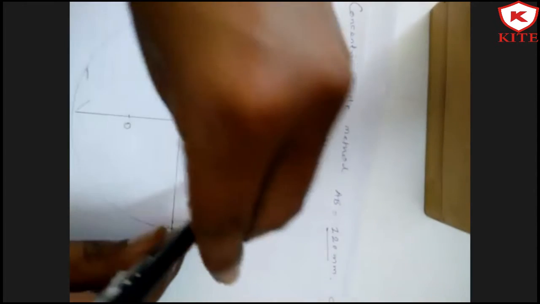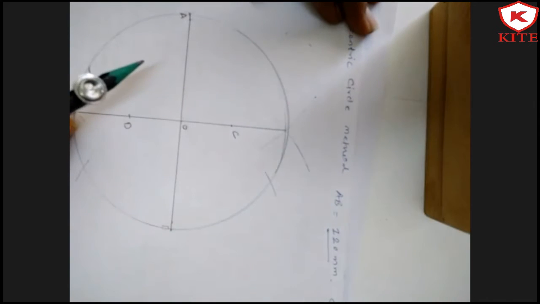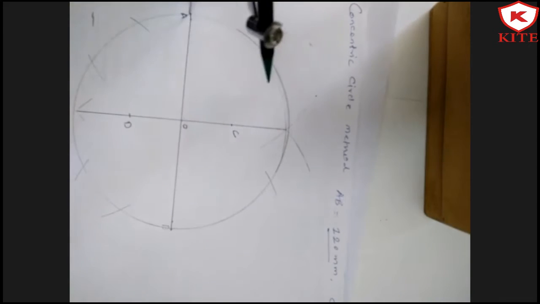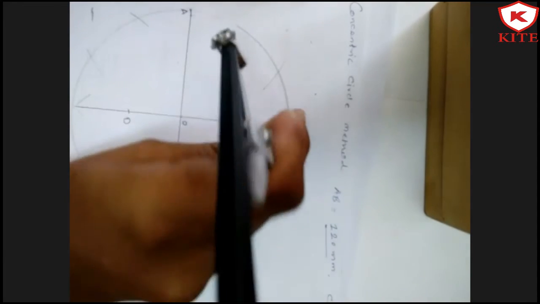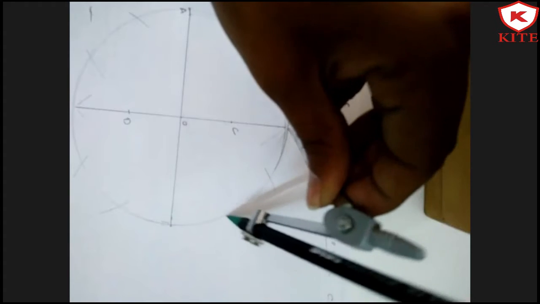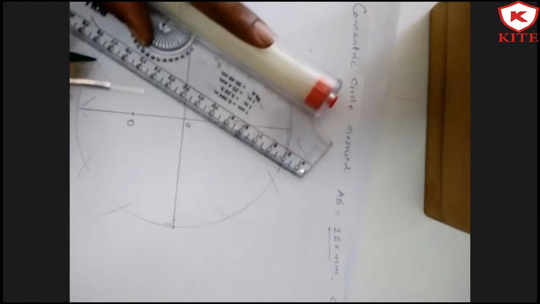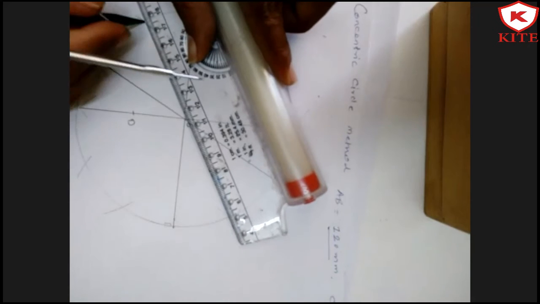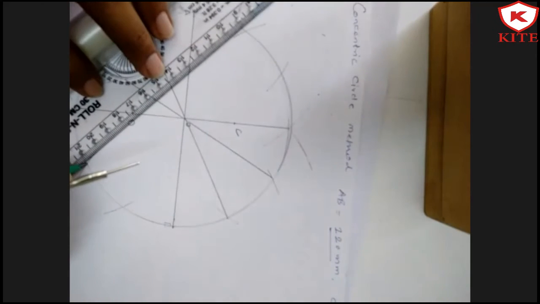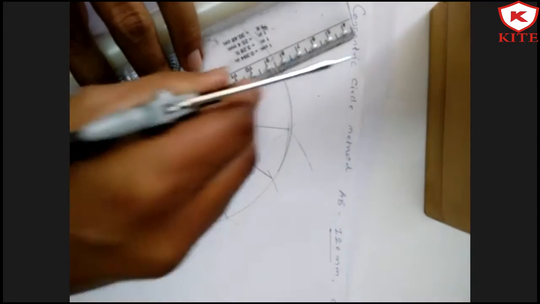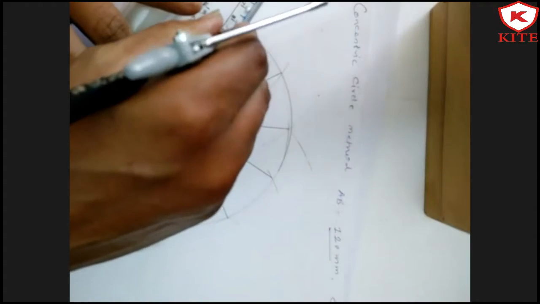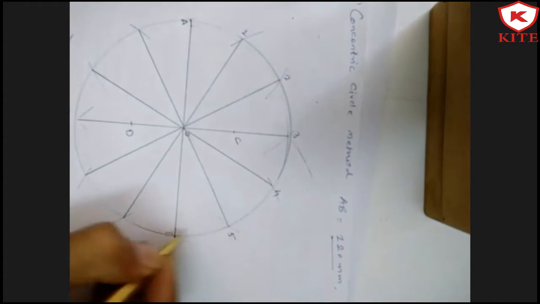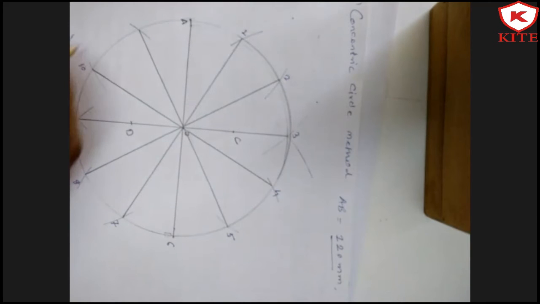Here the length of the arc equals OB. Now these are the points 1, 2, 3, 4, 5, 6, 7, 8, 9, 10, 11, and 12.